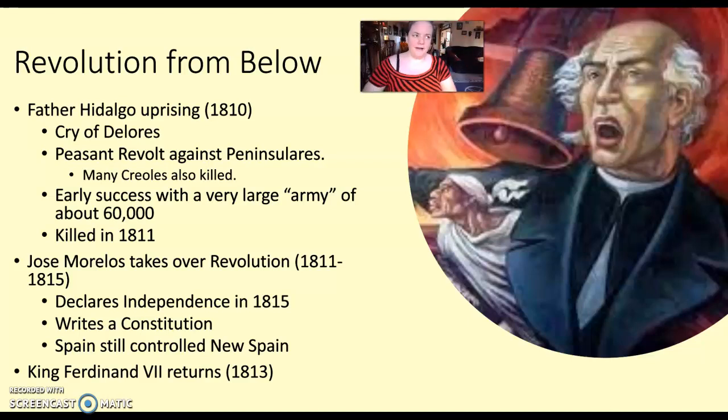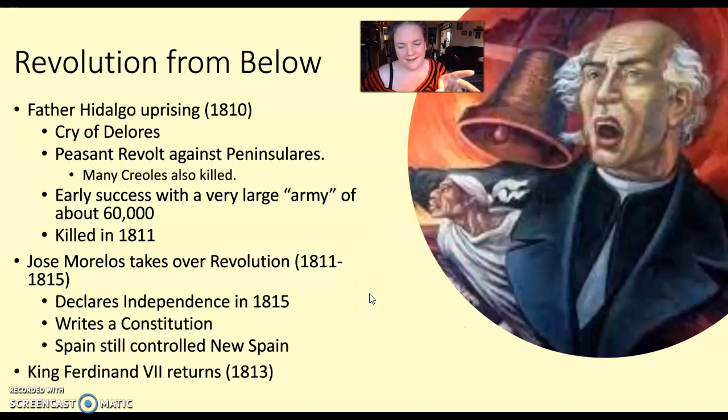An army rather implies that you have professional soldiers or at least very well trained militia members who are armed. You've got a lot of peasants who are fighting mad in a big group, and 60,000 is nothing to scoff at. So the Cry of Dolores is put down, and Father Hidalgo was put down in 1811.